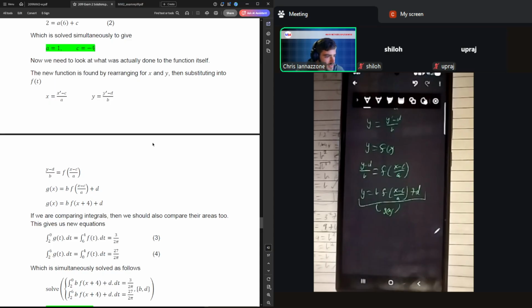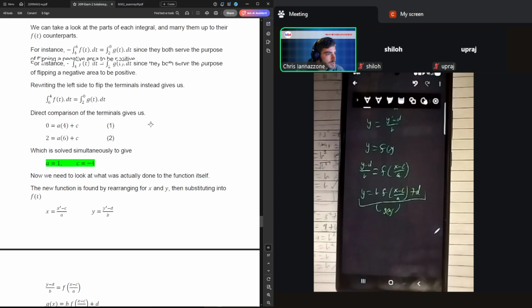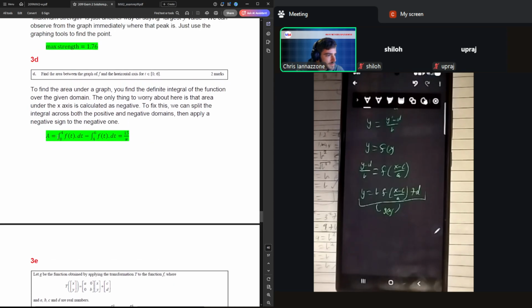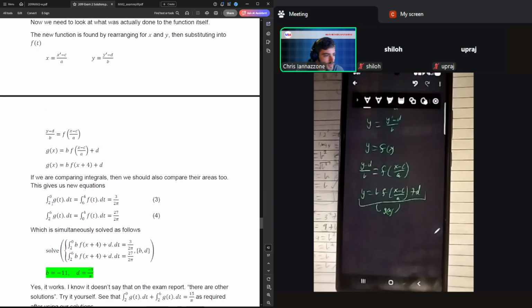From there, what I've done is compare the relative areas that they should have. I understand most of us probably would have just done this in the CAS and got 15 on pi. What I would then do is go back to these and figure out what the individual areas for each of these were, and then make those the equations for G. Because remember, G has to have the same proportions that F does if it's going to add up to the same actual area.